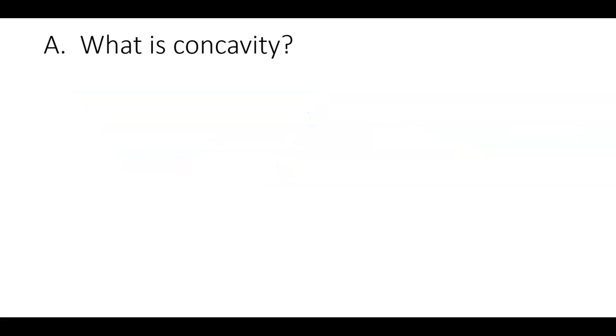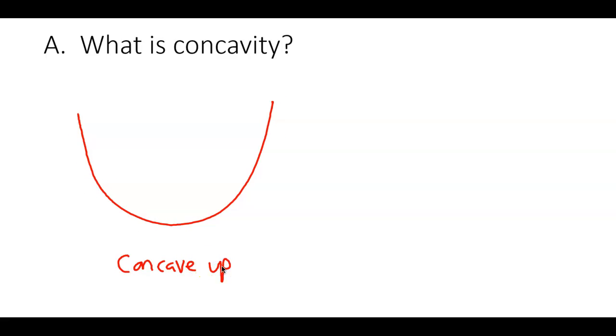So what is concavity? Well, first of all, let's tell you what it is. Concavity is the bend of a function or a line. What do I mean by that? This is what we would call concave up. Looks like a bowl, right? And if the bowl is facing upwards, well, then that's concave up. If it's upside down, then we would call that concave down.